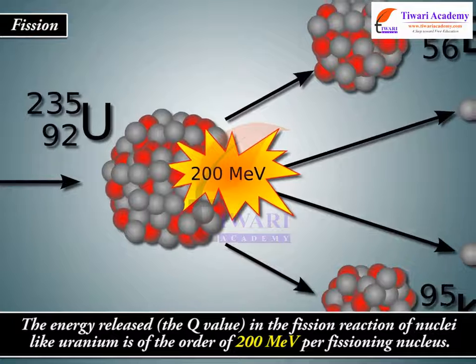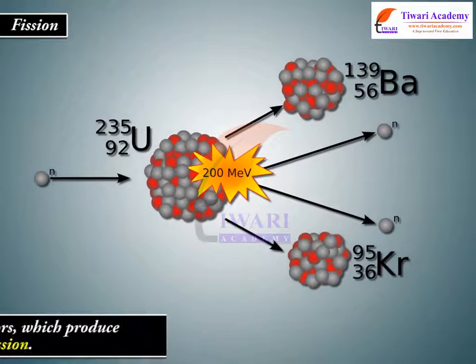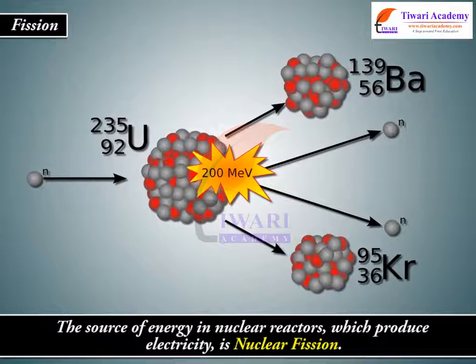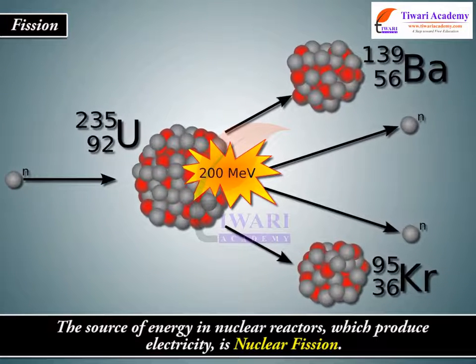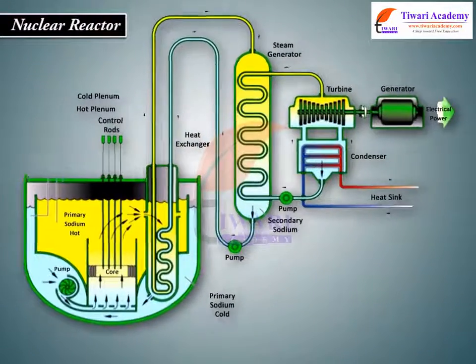The energy released, the Q value, in the fission reaction of nuclei like uranium is of the order of 200 MeV per fissioning nucleus. The source of energy in nuclear reactors which produce electricity is nuclear fission. Nuclear reactor.